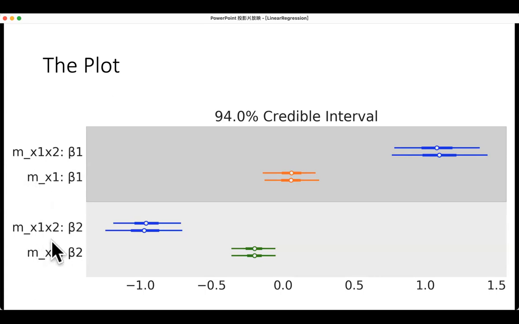And the mx2 means that we use x2 as the independent variable and generate a simple linear regression. Obviously we can only compare beta 1 between mx1, x2 and mx1. And we can only compare beta 2 between mx1, x2 and mx2, because mx1 doesn't have beta 2, and mx2 doesn't have beta 1.